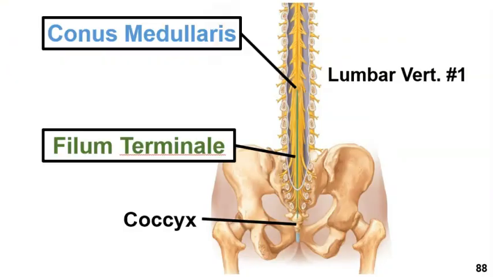At the very distal end of the spinal cord, where it anatomically ends at the first or second lumbar vertebra, there's a cone-shaped structure that is referred to as the conus medullaris. Because the spinal cord terminates before the end of the vertebral column, we see a thin connective tissue filament, which is referred to as the filum terminale, that helps to anchor the spinal cord to the coccyx.